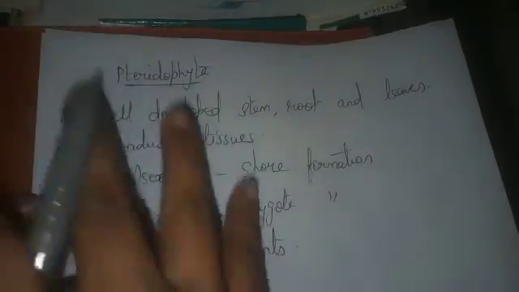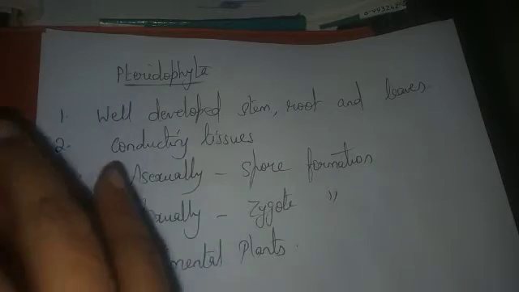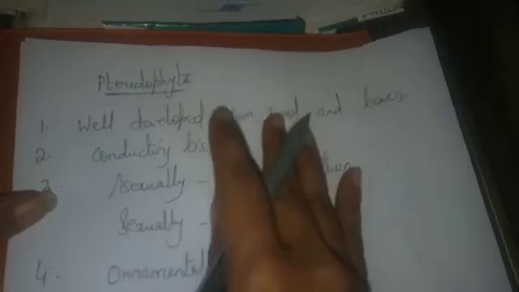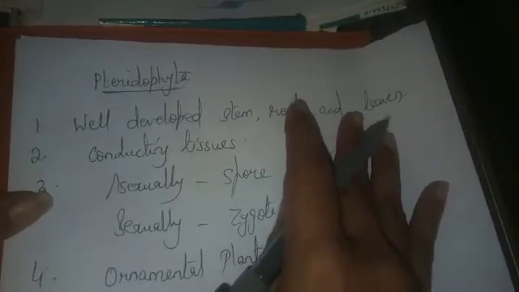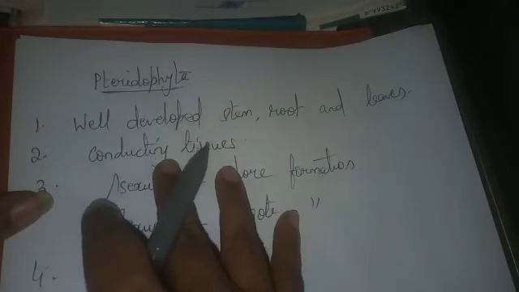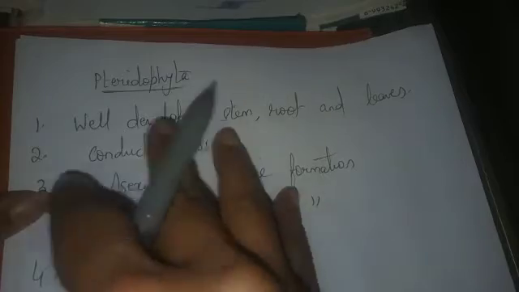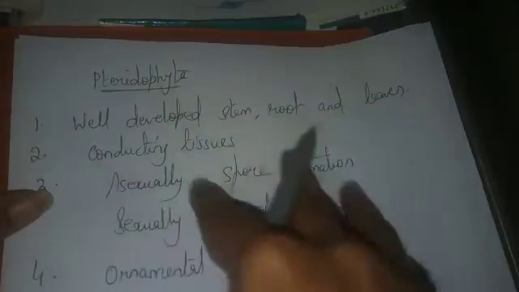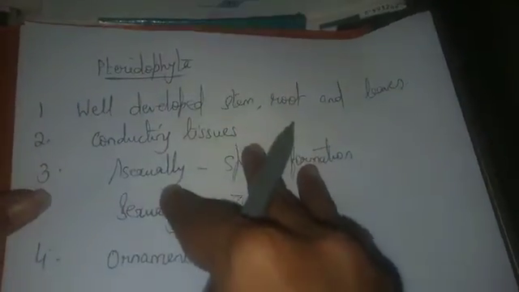Again, unlike Thallophyta and Bryophyta, Pteridophyta has well-developed stem, root and leaves. They have conducting tissues, xylem and phloem, to carry water and minerals by the xylem and food by the phloem.